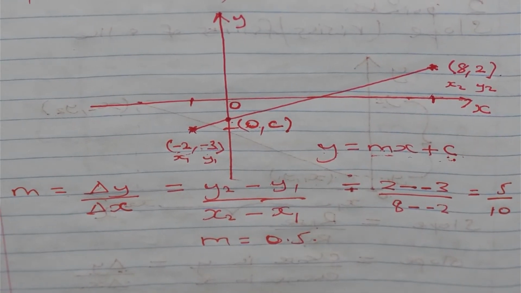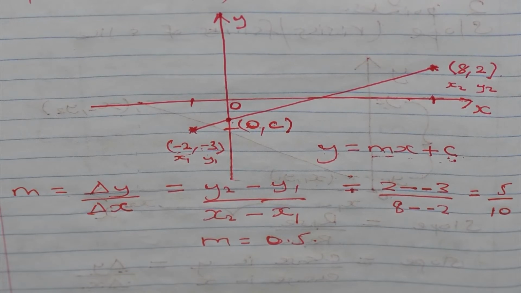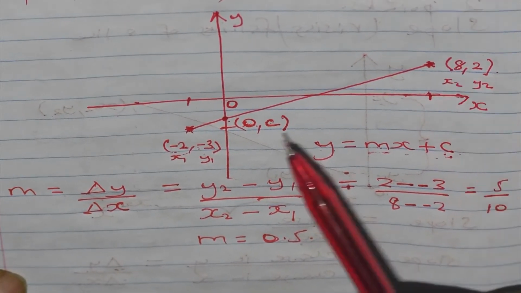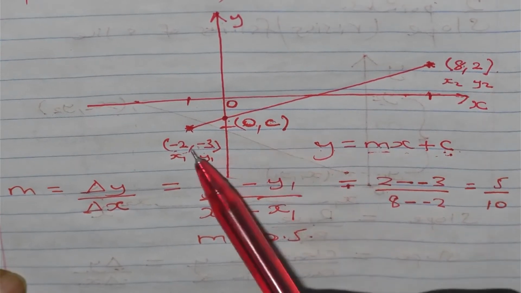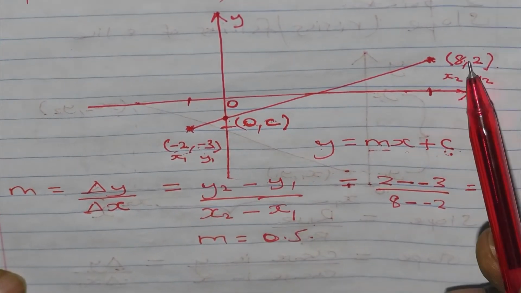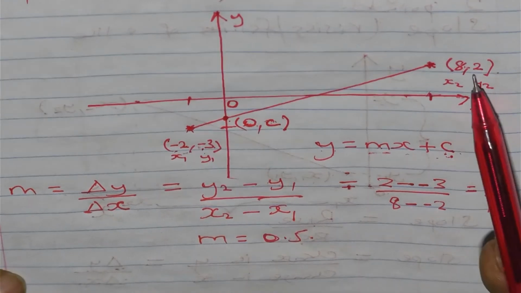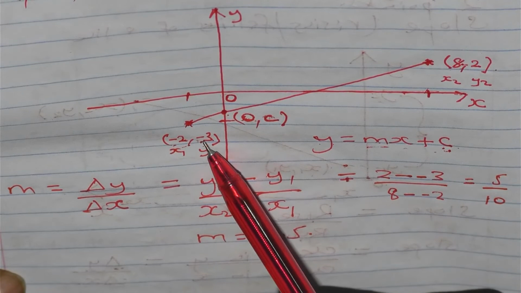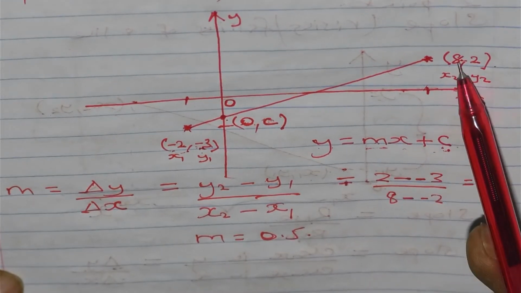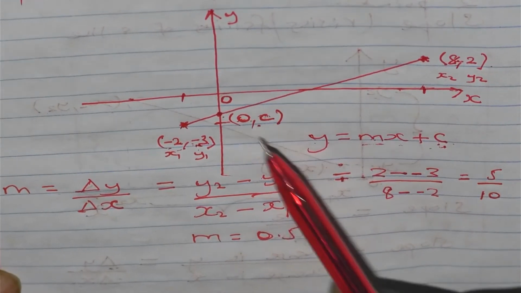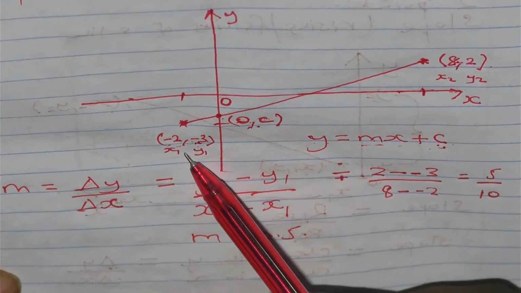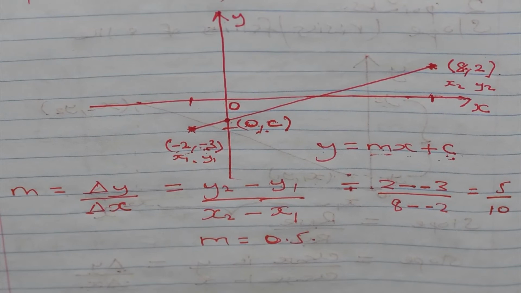Since the change between these 2 points is the same as the change between these 2 points, and we've already gotten the change to be 0.5, you can also say the change between this and this is 0.5, and also the change between this and this is 0.5. So we can just take 1 point and get the c, right?